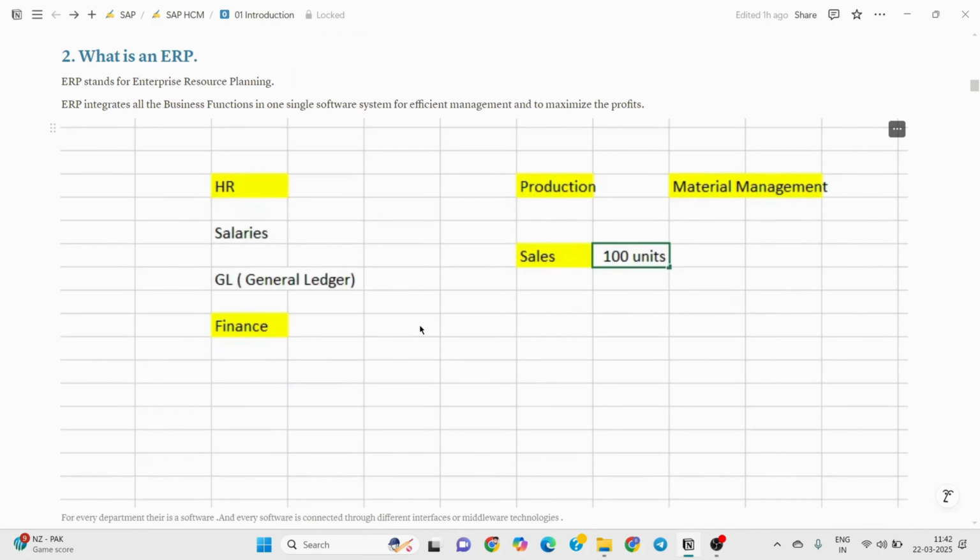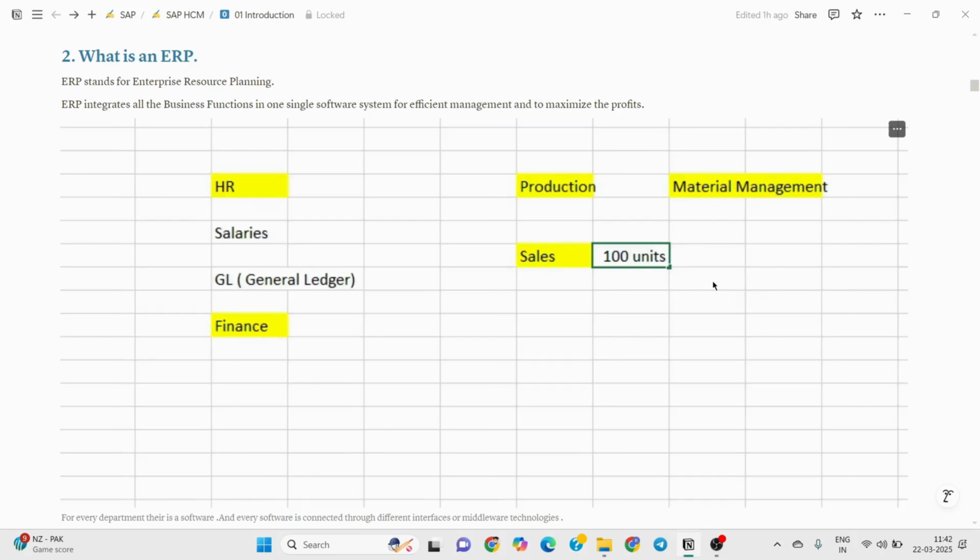So that is how ERP comes in. ERP is a software, and through this software we can maintain all these functions in one place. There are lots of companies who provide ERP. SAP is one of them. Microsoft provides ERP.